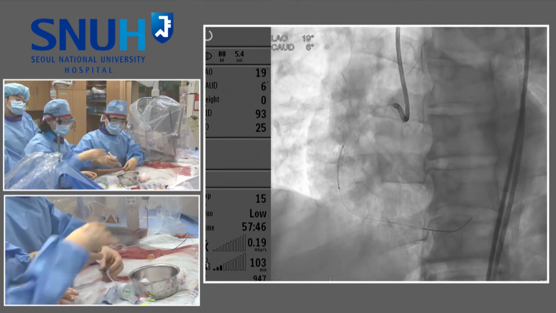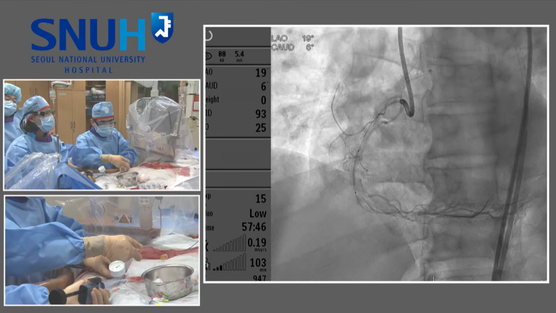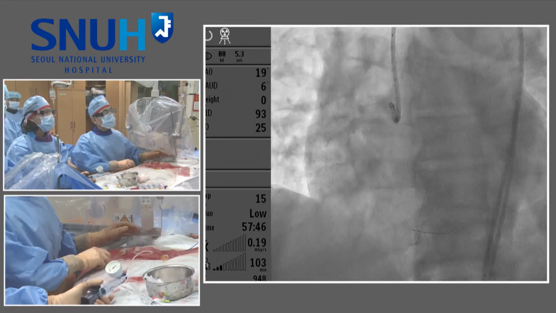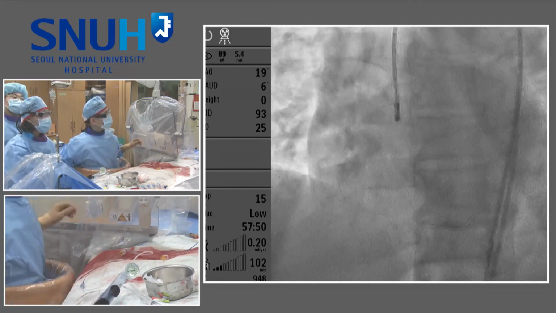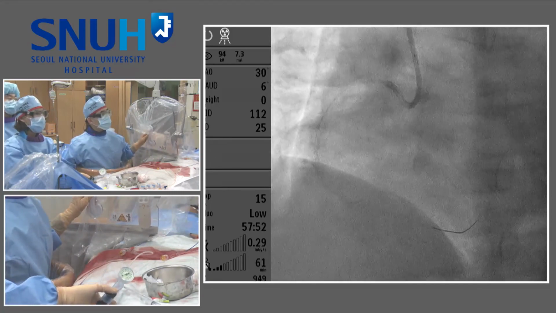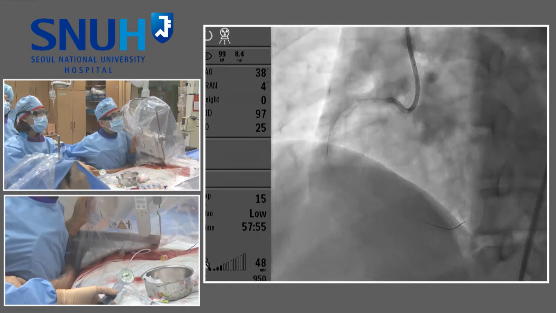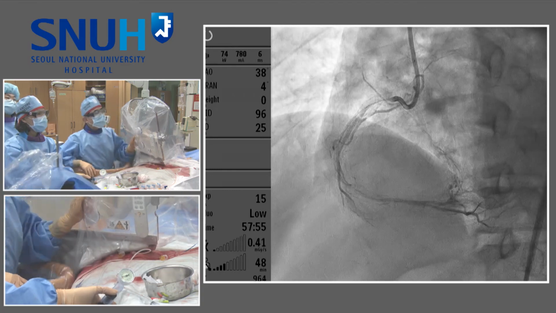So I introduce NTG once again, and then final angiogram. Caudal view.